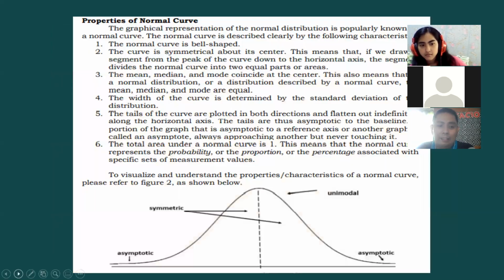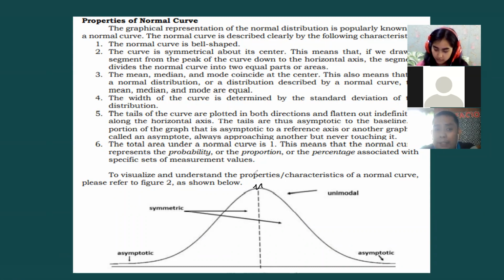So, para mas maintindihan natin, statistics learning. Okay po. This is a normal curve. Okay? So, the normal curve is a bell shape. So, kita po natin, it's a bell shape. The normal curve, the curve is symmetrical about its center. This is our center. At ang center natin ay, ang laman niya ay ang ating pong mean.